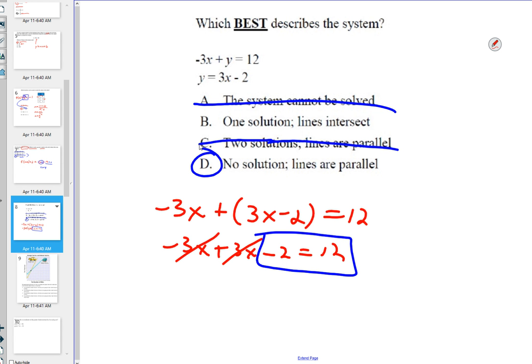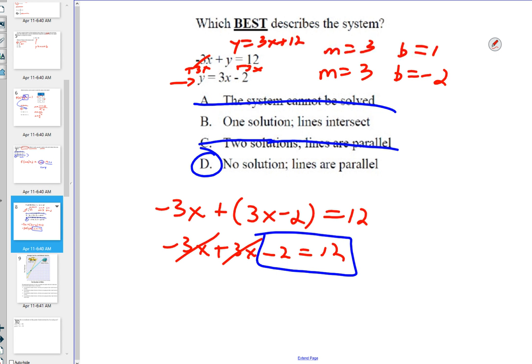You could also do it by graphing. You wouldn't have to actually graph, but you would have to set it up to graph. This equation is already in slope-intercept form. The slope is 3, the y-intercept is -2. If I were to add 3x to this one, then it would be the same thing, where y is equal to 3x plus 12. So the slope would be 3, and the y-intercept would be 12.